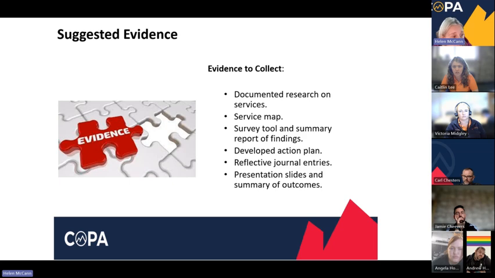You need a service map, any survey tools that you've done. So if you've done some surveys, if you've used paper copies, Google ones, or Monkey Surveys, another good one, anything that you've used, make sure you've got some filled-in surveys in there to show your answers as well. Then you've got your developed action plan, your reflective journal.